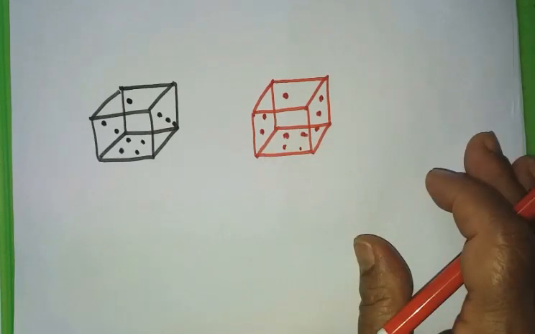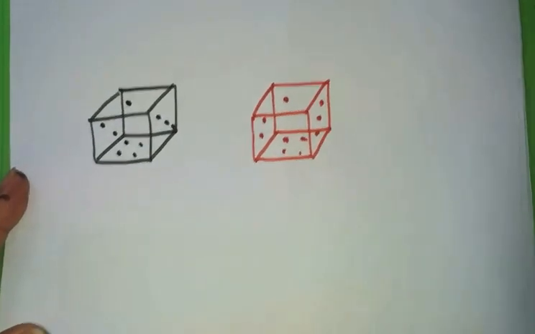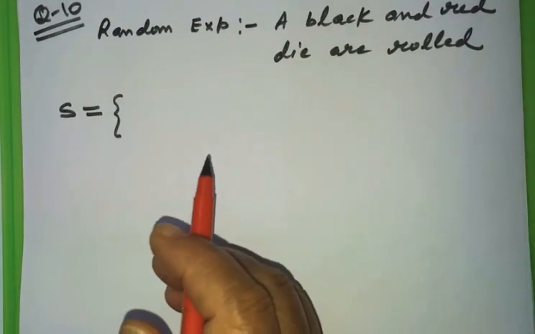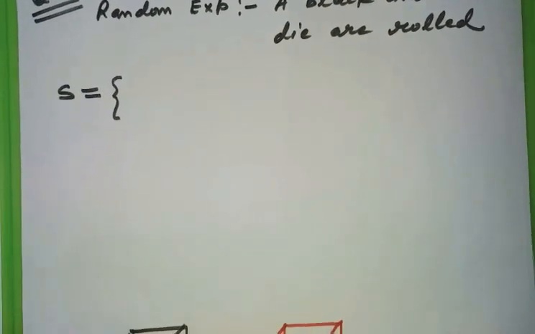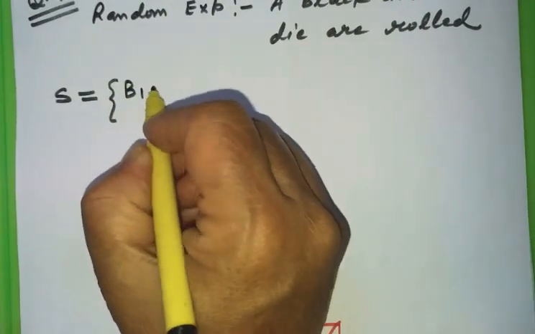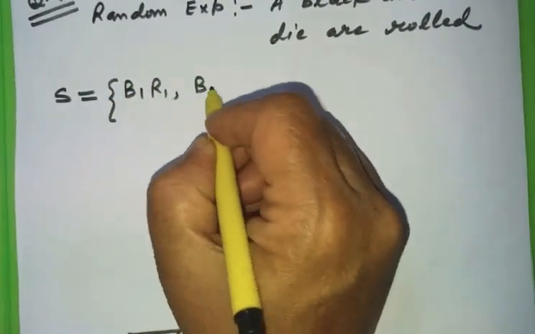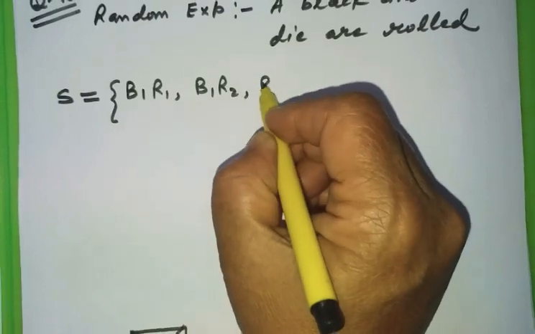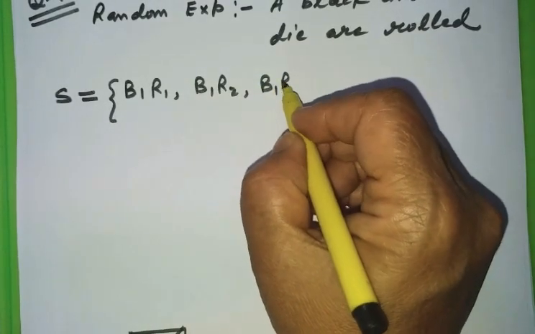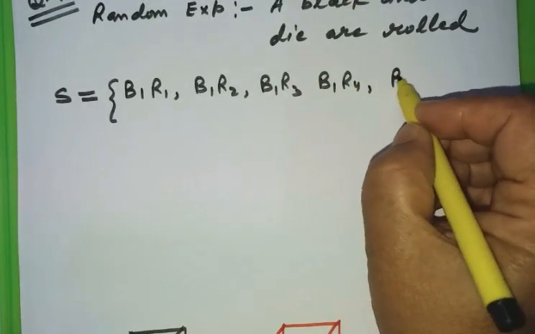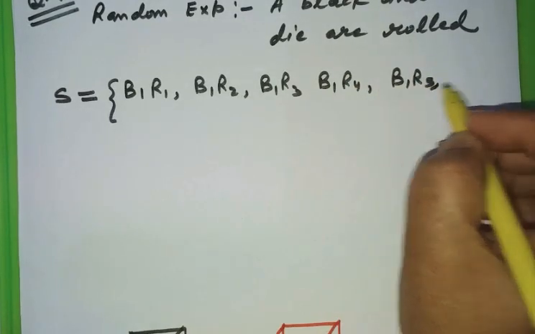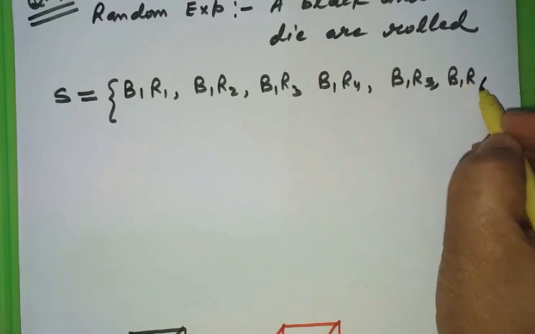So likewise we write this sample space. It will contain black 1 with red 1, black 1 with red 2, black 1 with red 3, black 1 with red 4, black 1 with red 5, black 1 with red 6.